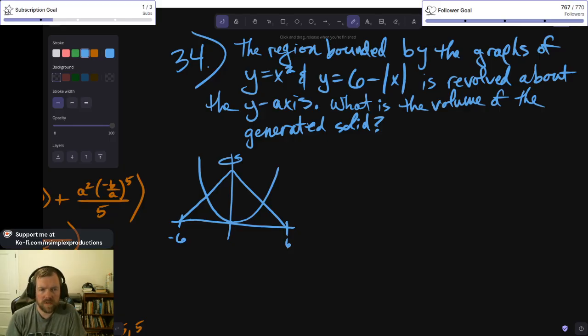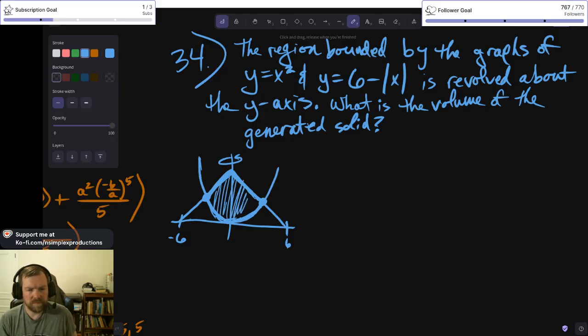So it's this bit here, and that bit here. When we do this, we can just focus on the first quadrant.